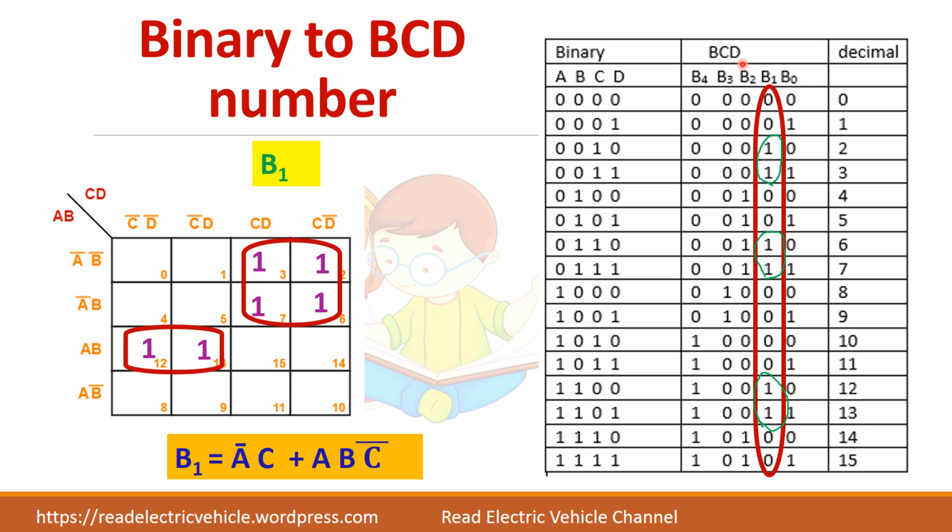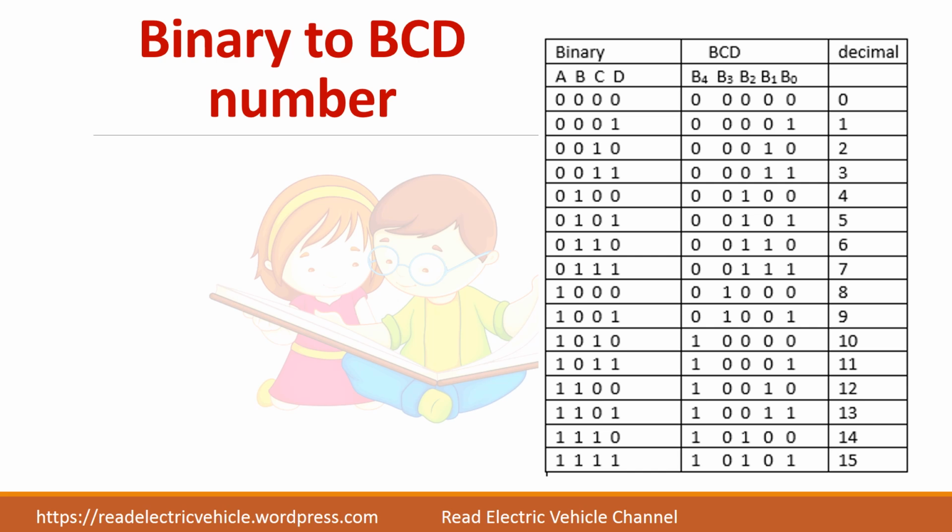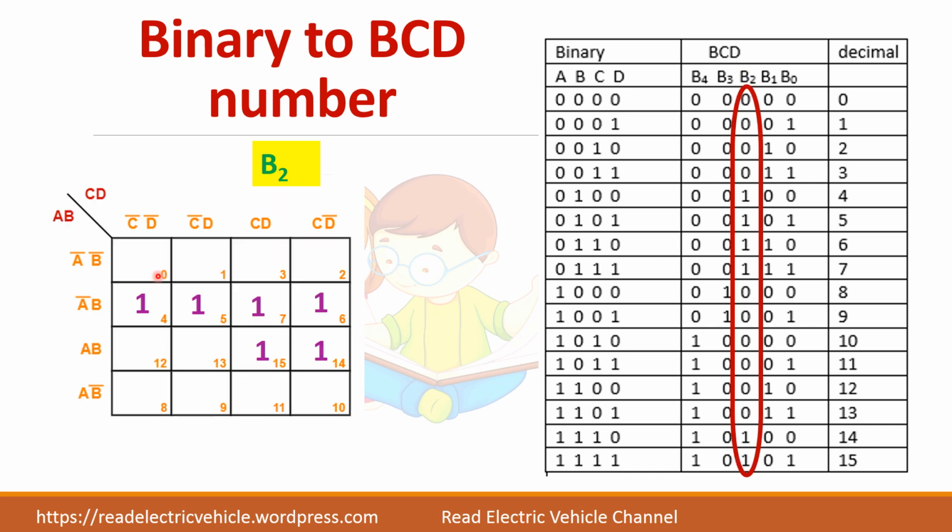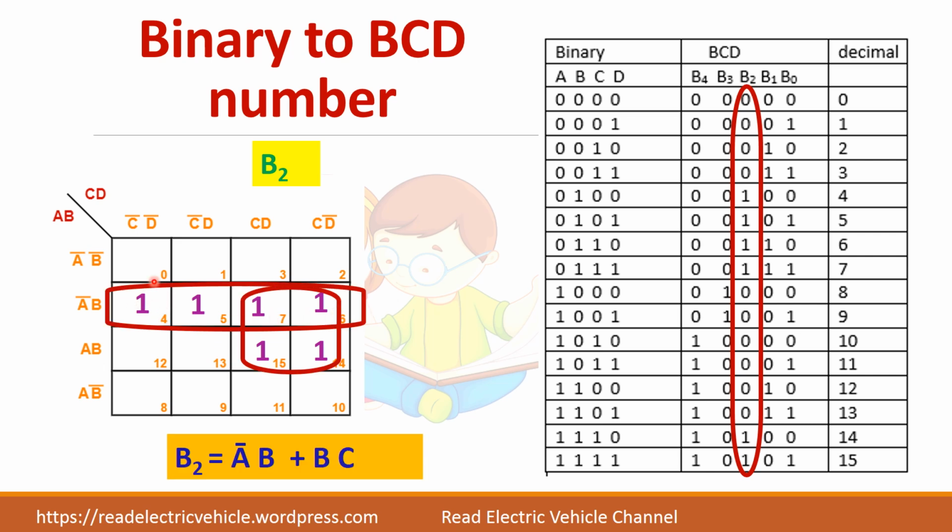Next we have to find for B2. So B2, you mark the minterms 4, 5, 6, 7, then 14 and 15. So all these 4 ones can be clubbed together, and these 4 ones can be clubbed together. So we can find the relation for B2.